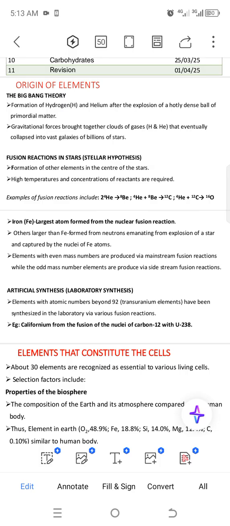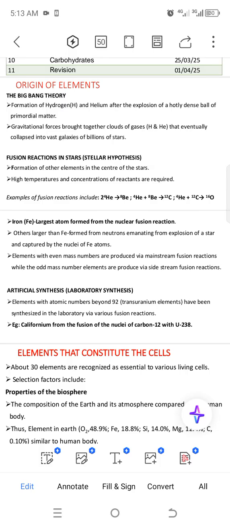So basically, this is the basic concept you have to get when we talk about primordial matter.